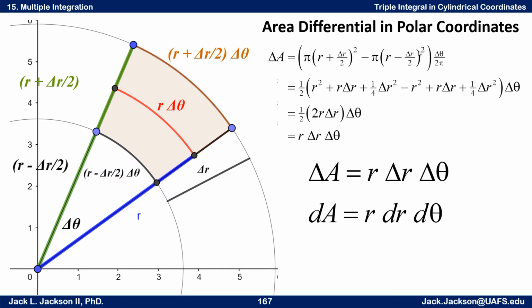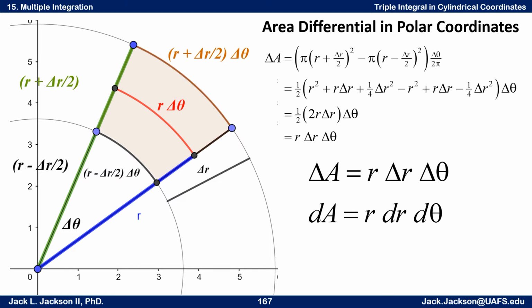When we square this second one out, we get r squared minus r delta r plus 1/4 delta r squared. And then when we distribute the minus, the first and last terms become negative and the middle term becomes positive. And so the r squares cancel out, the 1/4 delta r squares cancel out, and we're left with r delta r plus another r delta r, which is 2r delta r.